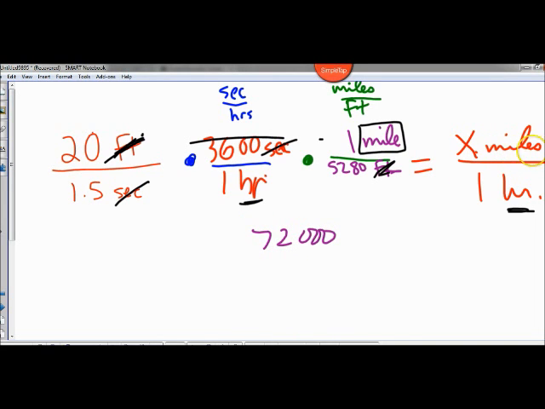And the numerator label was miles. And the denominator is 1.5 times 1 times 5280. So on my calculator, I'm going to do 1.5 times 5280. That gives me 7920. And the denominator label was hours.